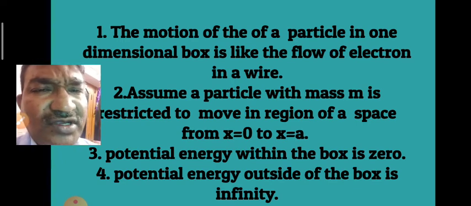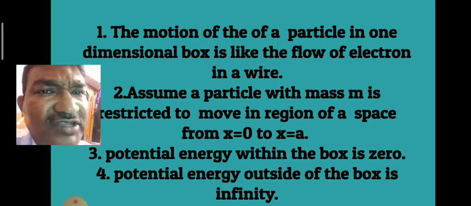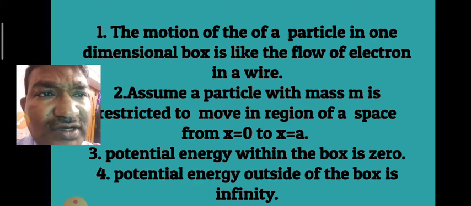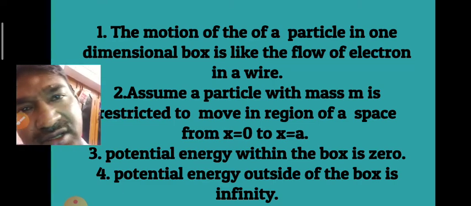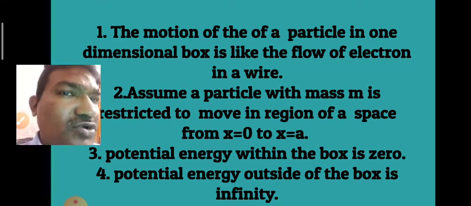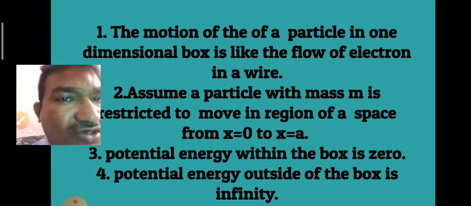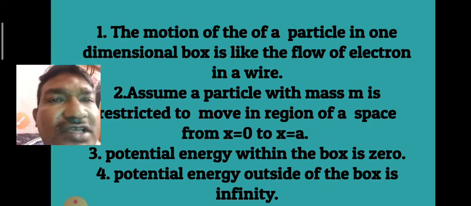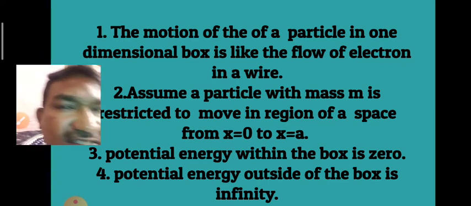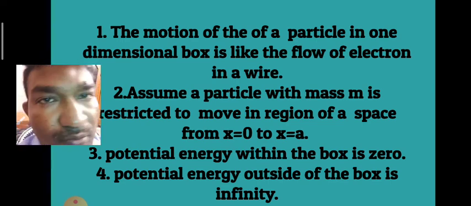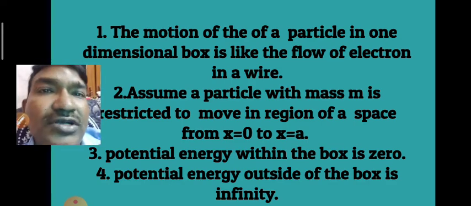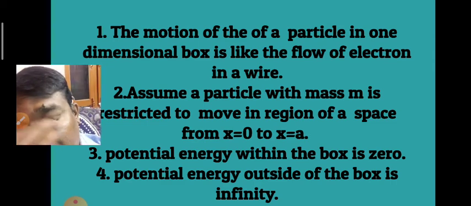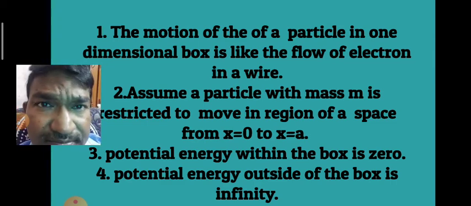We may represent it with y or z also, but here we are representing it with x. The boundaries are x equal to 0 and x equal to a, and the potential energy within the box is 0. It is constant, and we consider it as 0. Outside of the box the potential energy is infinity.